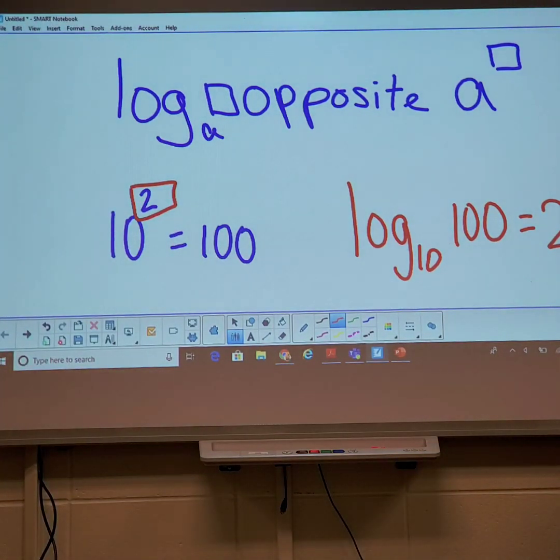That is essentially what log is. Any questions so far? No questions so far?